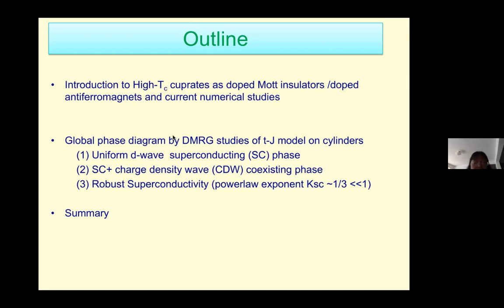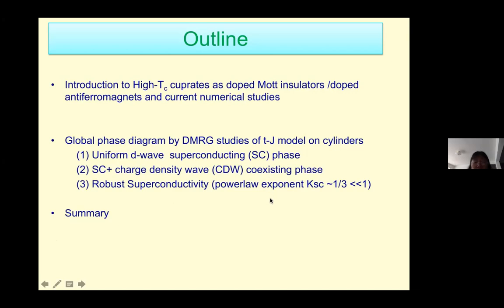I'll show you that we have identified 3 different phases, including 2 superconducting phases. One is uniform d-wave superconducting phase. The other one is superconducting coexisting with charge density wave phase.